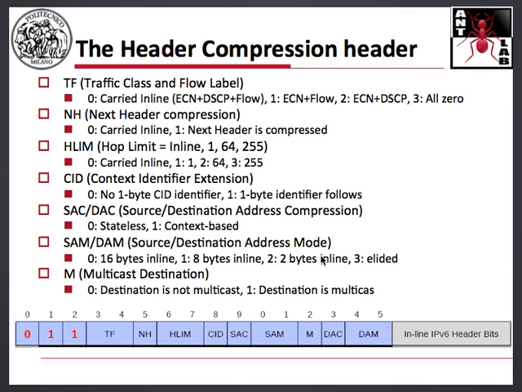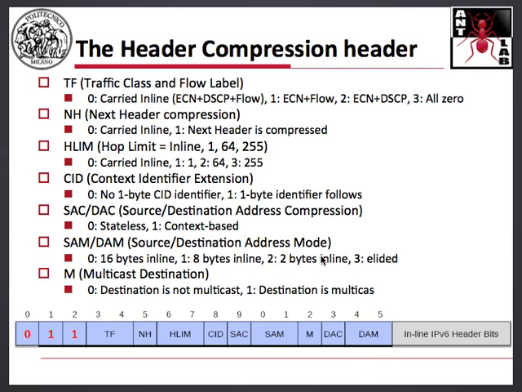And if this field carries a value of 3, it means that you have nothing. You don't have any information in the header on flow label and traffic class. So the most favorable situation from the compression point of view is when this field is 3, because you are basically eliding the traffic class and flow label fields from the original. Clear? Questions?